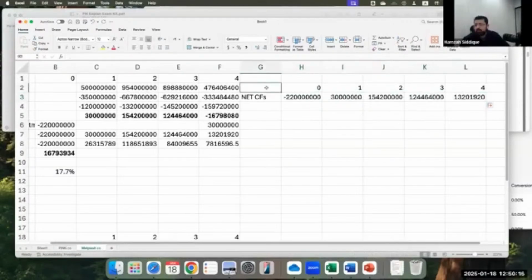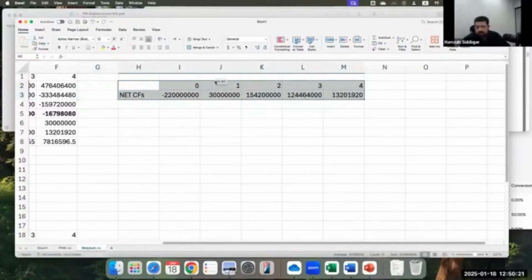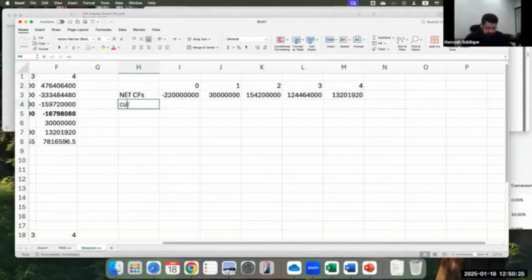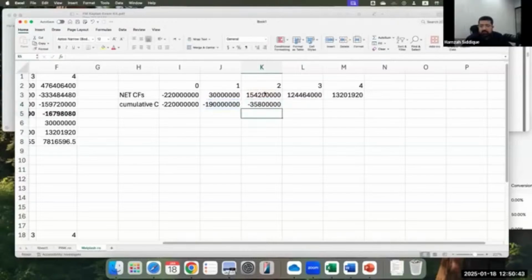Payback period. What we need to do for payback period? Tell me. For payback period, we need to calculate cumulative cash flow. Last lectures. So negative, this recovered, then this recovered.